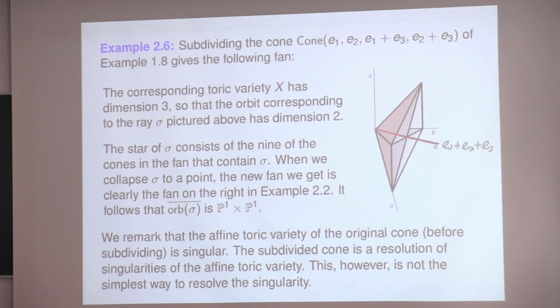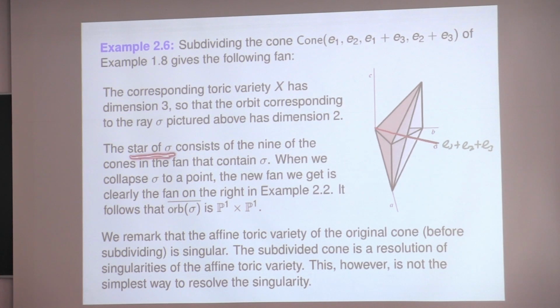We described in the previous slide what the procedure is, but let's make it concrete. We look at the star of sigma, meaning all the cones containing the red one. Let's try to draw one of those. I guess this one that I'm going to fail at drawing is one of the many that I need to draw. How many? Turns out it's 9, if I counted correctly.